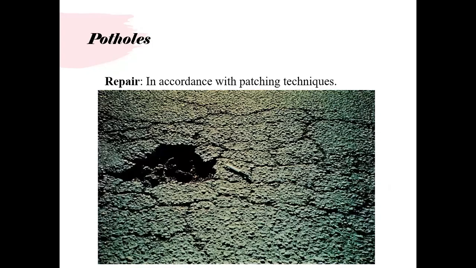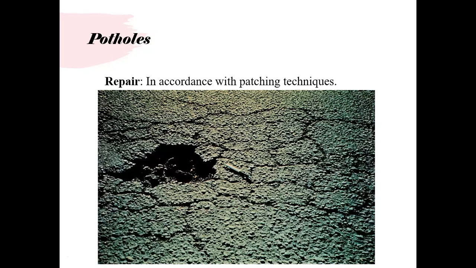Now these are the potholes. What we do with potholes is we try to excavate all the area in squares, although the potholes are not in a particular shape. So you have to make it square and go up to the place where you find the cause, remove all the pavement there, and relay that patch.